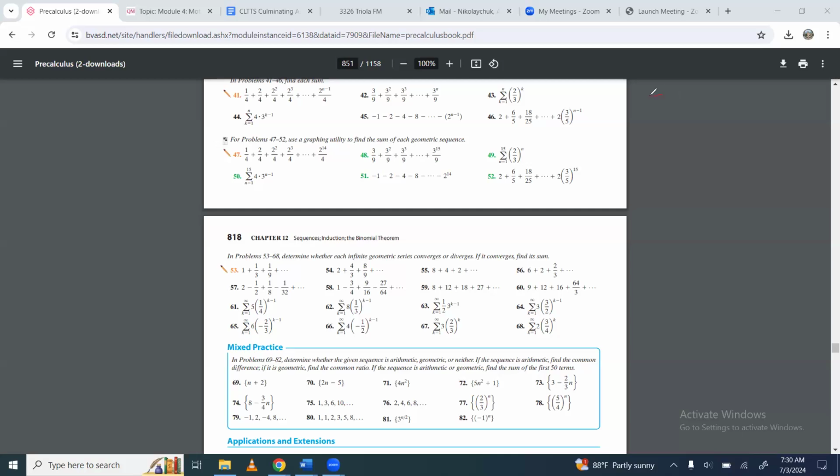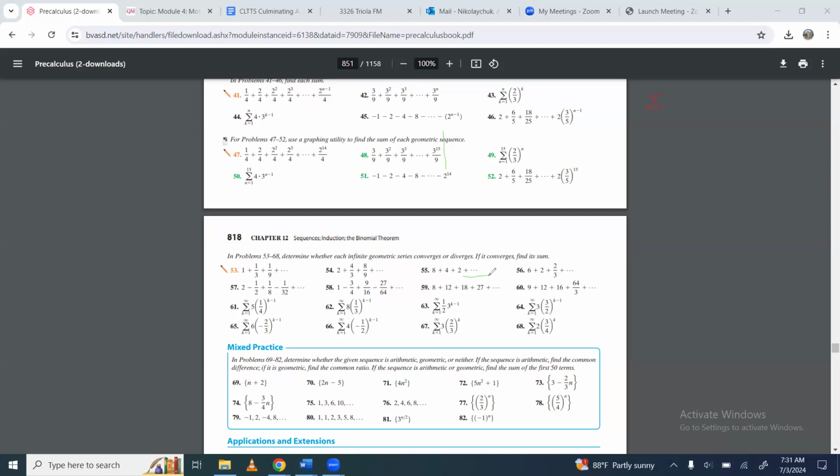Geometric series deals with the summation notation and an infinite number of terms. So we have to just put a few terms and then dot, dot, dot, so it doesn't get cut at some point. It continues forever. That's a big difference, right?